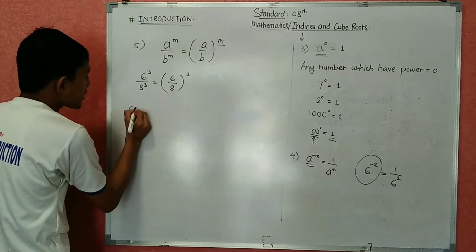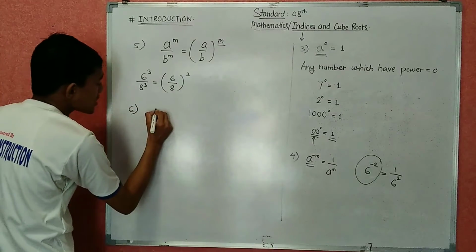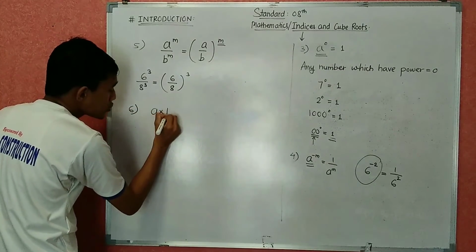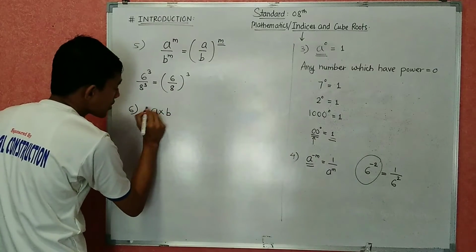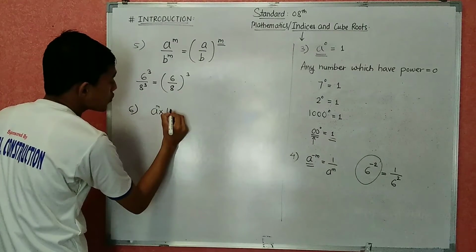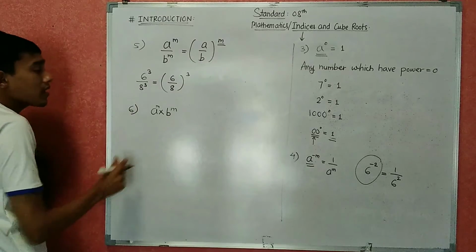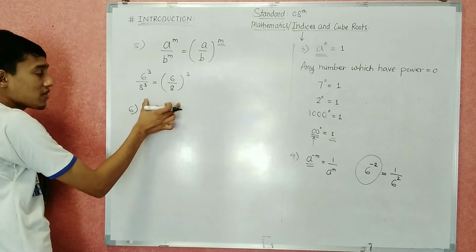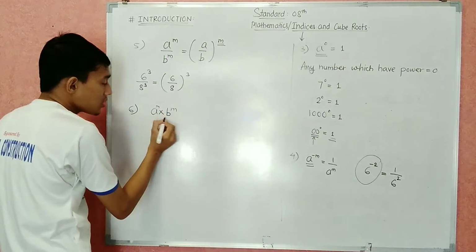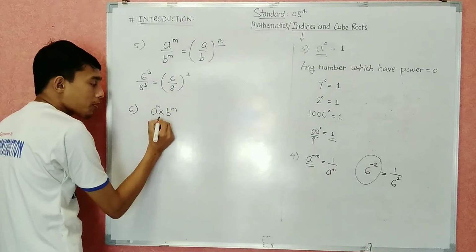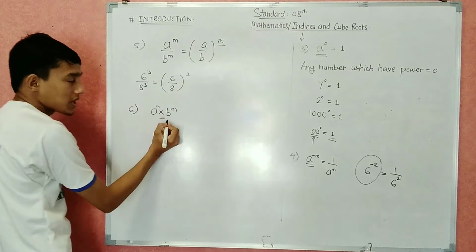Now we will see another law, law number 6, that is a raised to m into b raised to m. Again the bases are different but the powers are the same, and in between the index numbers the operator is a multiplication sign.